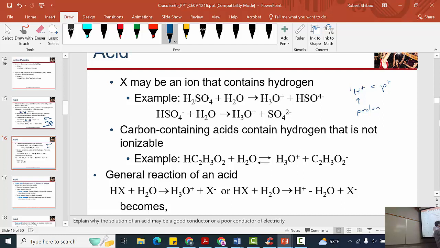When we look at the formula like this, it doesn't really tell us the structure. This first hydrogen is actually bonded to the oxygen. These other three hydrogens are bonded to carbon. That makes a world of difference in reactivity, whether the hydrogen is bonded to an oxygen versus bonded to a carbon. And not only that, it depends on how that oxygen is structured, what that oxygen itself is bonded to.